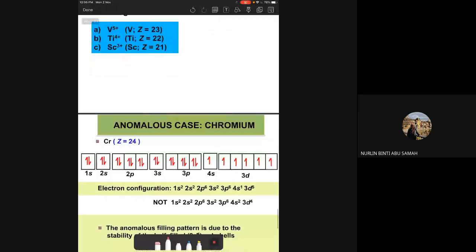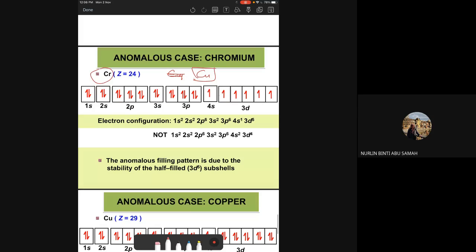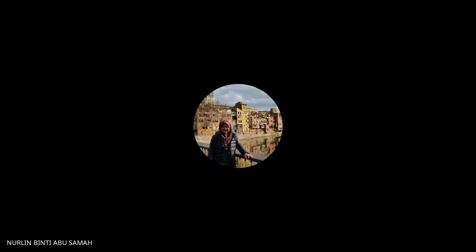Tadi saya ada sentuh berkenaan dengan anomalous case kan? Anomalous case ni dia cuma pada case chromium dan copper sahaja. Apa beza dia? Macam elemen-elemen lain, kita akan isi, contoh pada case yang macam saya cakap tadi, orbital critical.